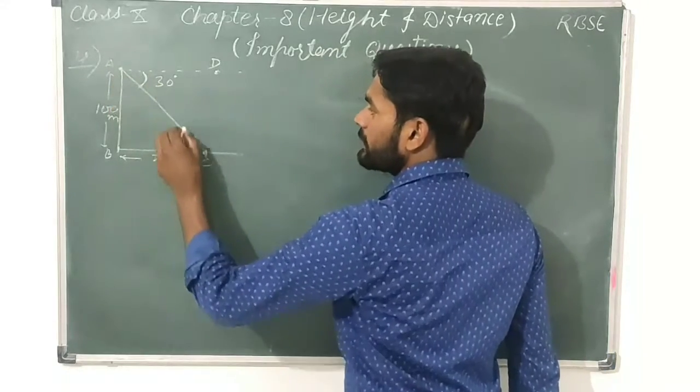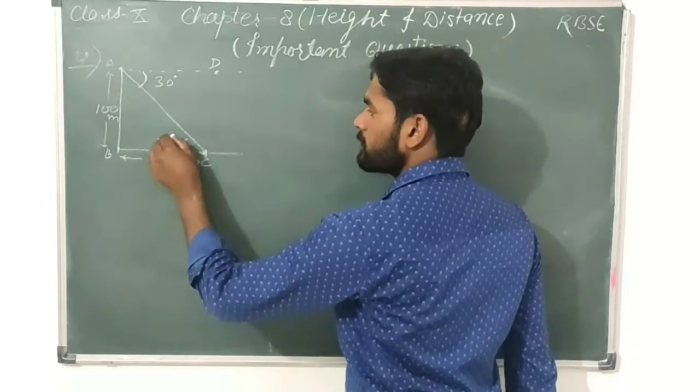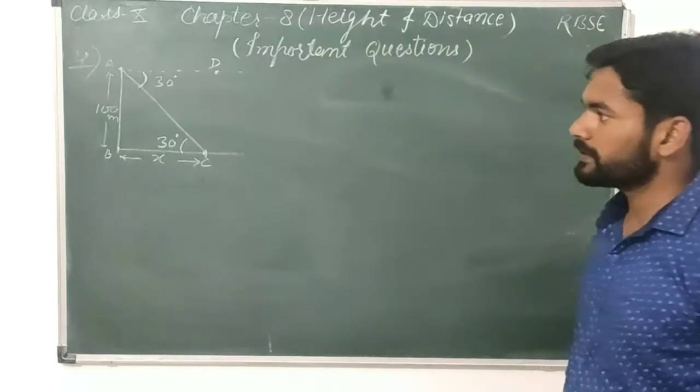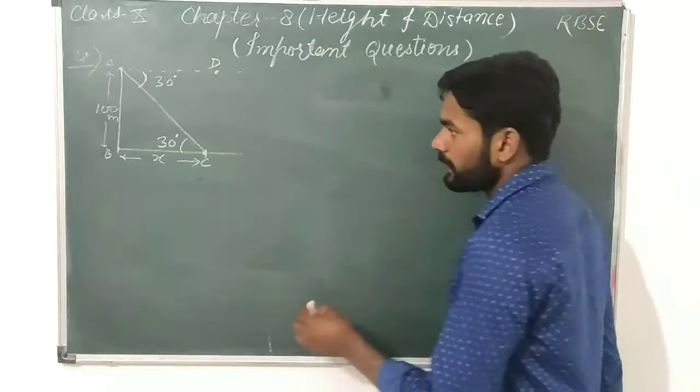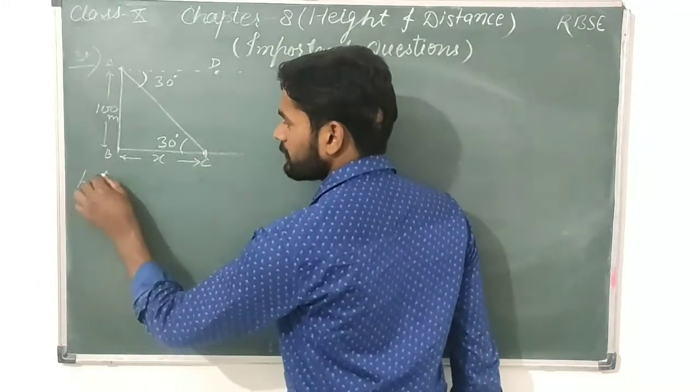If this angle is 30 degrees, then this is also equal to 30 degrees. Clear? Moving ahead.